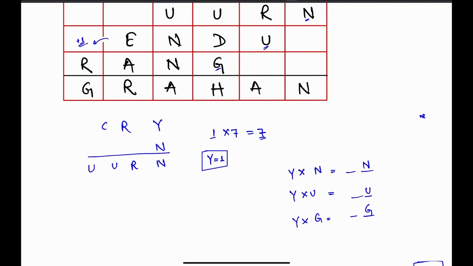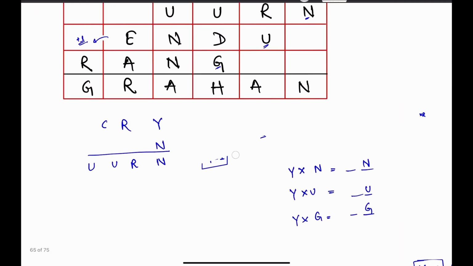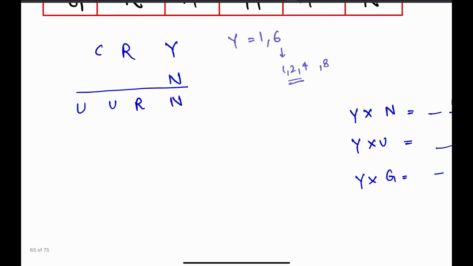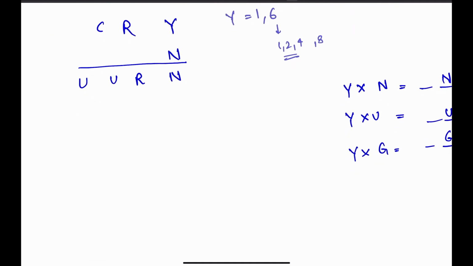In this case, up till now what I found out, y could be either 1 or 6. If 6, then the other possibilities are 1 2 4 6 8. 6 cannot be there because 6 is already there, so this is the possibility. So first case, let's take c r y, and instead of y let's take 6 into n.